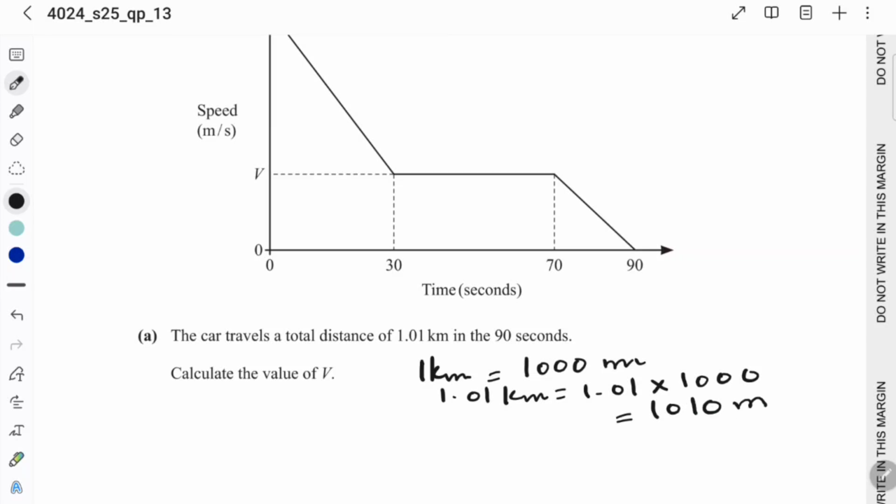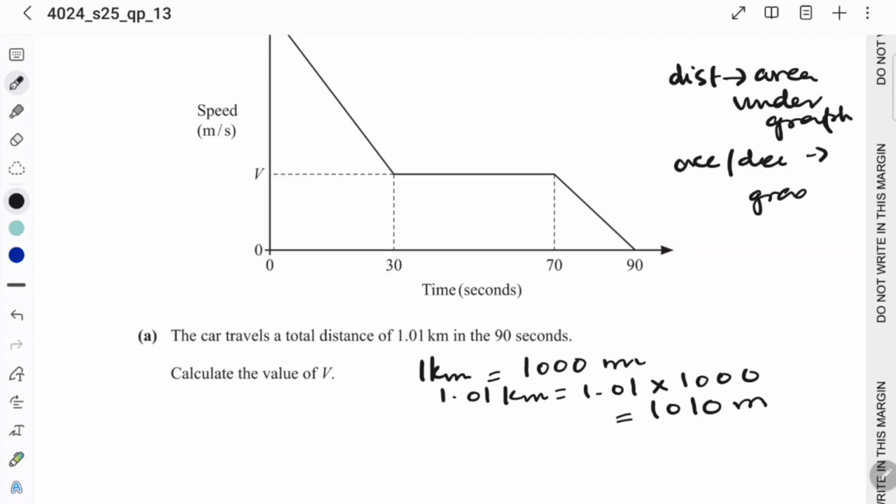Okay. Calculate the value of v when the total distance. Distance means area under the graph, and the acceleration or deceleration means the gradient. Okay. Distance means the area under the graph, and the acceleration or the deceleration you will have to find out either dy upon dx, or you can say the gradient.